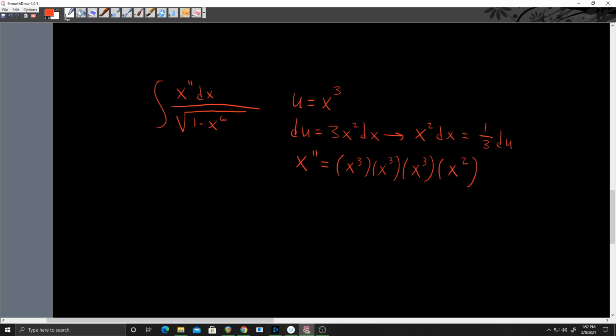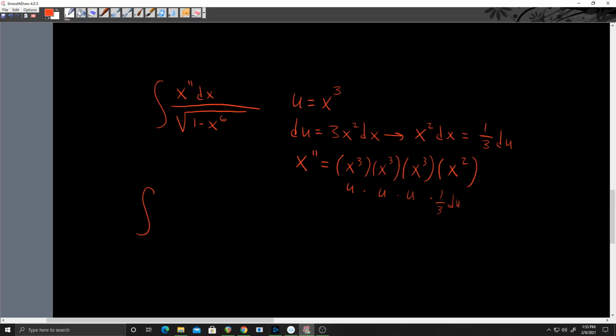So we should be able to use this. Let's see how it goes. This is going to be the integral of, again, u is x cubed, right? So we get u, because this is u times u times u, and then this is going to be our 1/3 du.